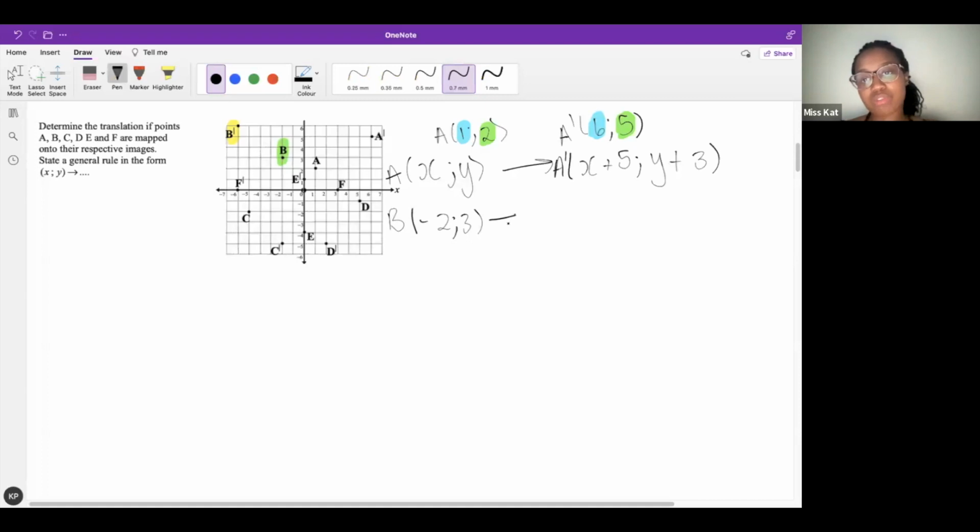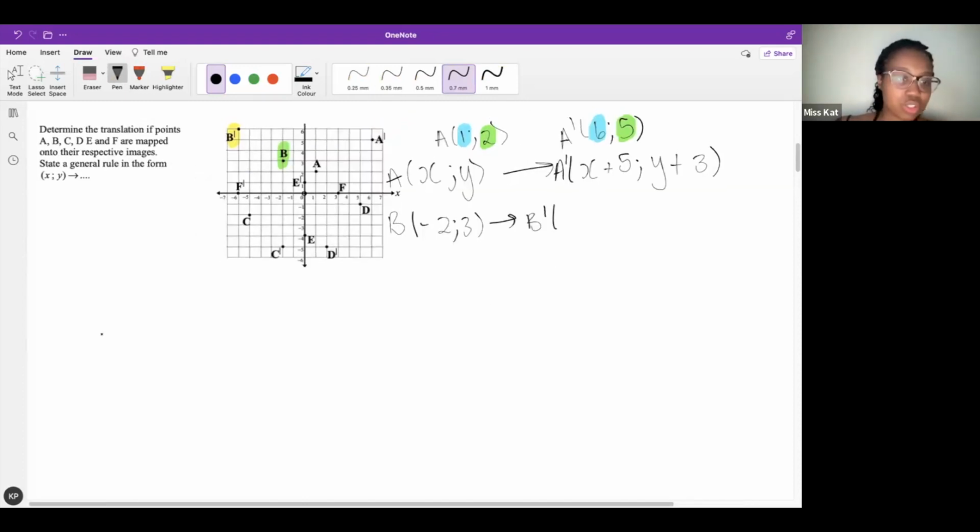And our coordinate for B prime. What's happening, Sai? Maybe you just didn't look properly. Oh, okay. And then for B prime, we have -6 and 6. Okay, that's fine. As long as you see your mistake, I'm happy.